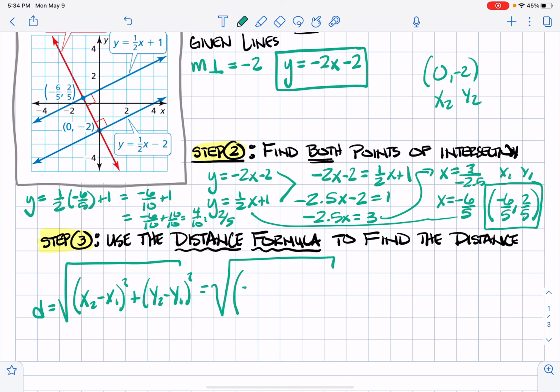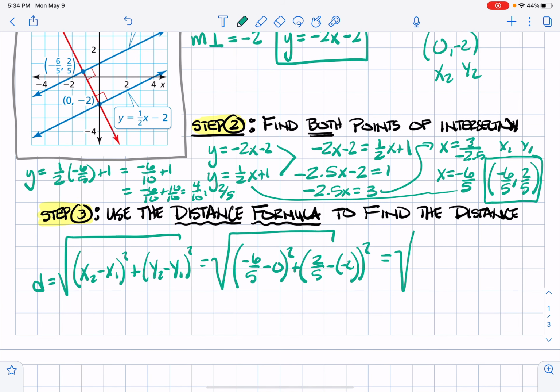Okay, so we would have negative 6/5 minus 0 squared, and then plus y2, or y1, doesn't really matter. 2/5 minus negative 2, quantity squared. So that would give us a grand total of square root of negative 6/5 squared, plus 2/5 plus 10/5 quantity squared. That's just the number 2.